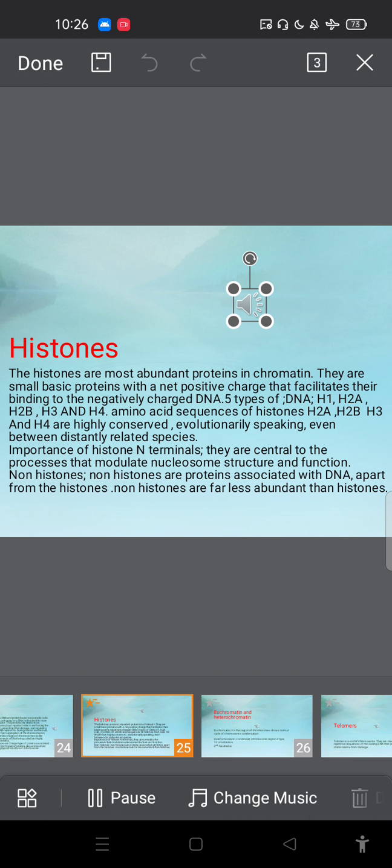Each eukaryotic cell has many different non-histones in the nucleus. In contrast to the histones, the non-histone proteins differ markedly in number and type from cell type to cell type within an organism, at different times in the same cell type, and from organism to organism.